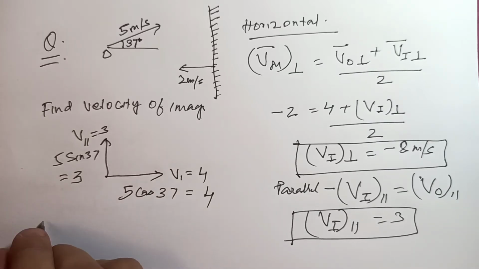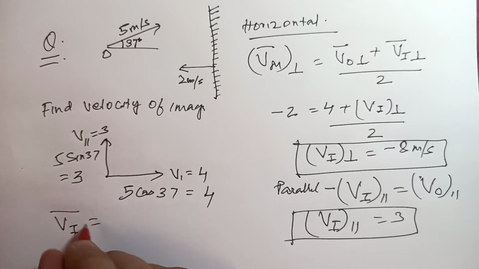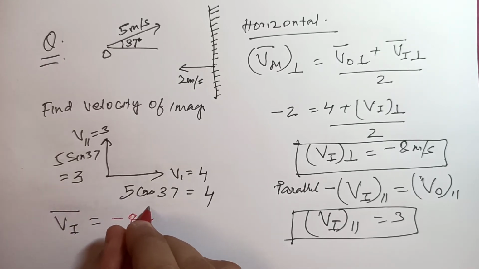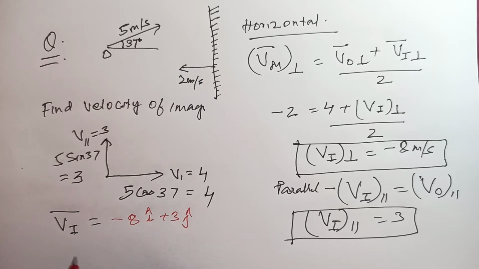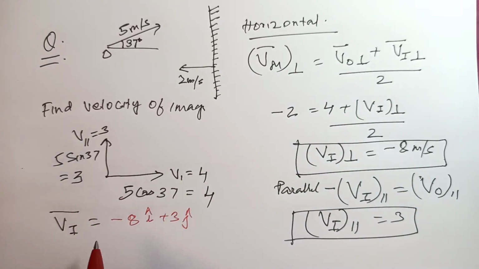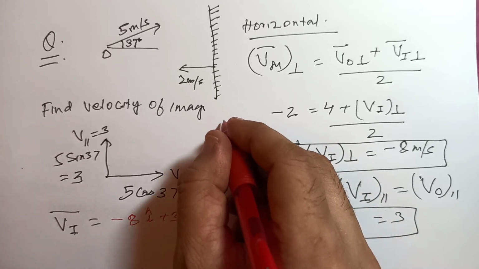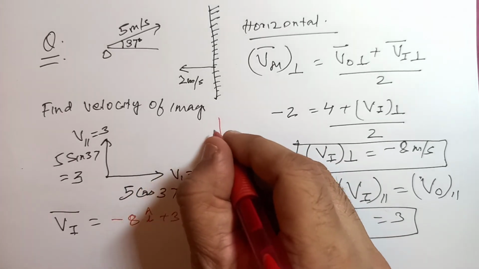Now if I have to write the velocity of image, then let me use a different pen. Then I can say it is nothing but minus 8i plus 3j, because it's moving in this direction, 8 is in this direction, image is moving in this direction. Let me make this also so that there is no confusion.